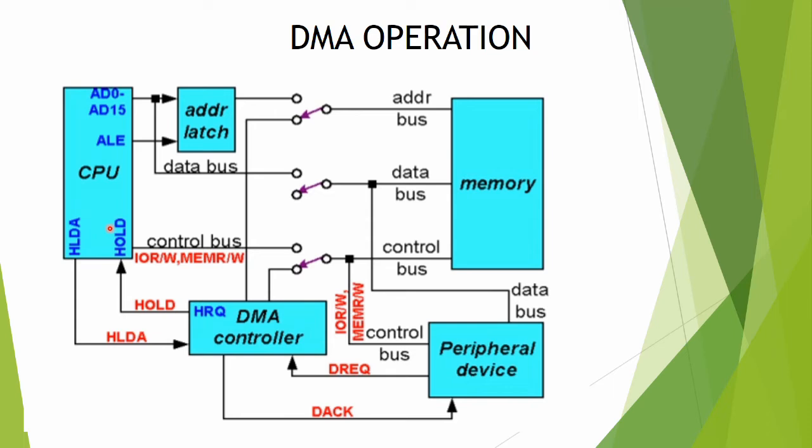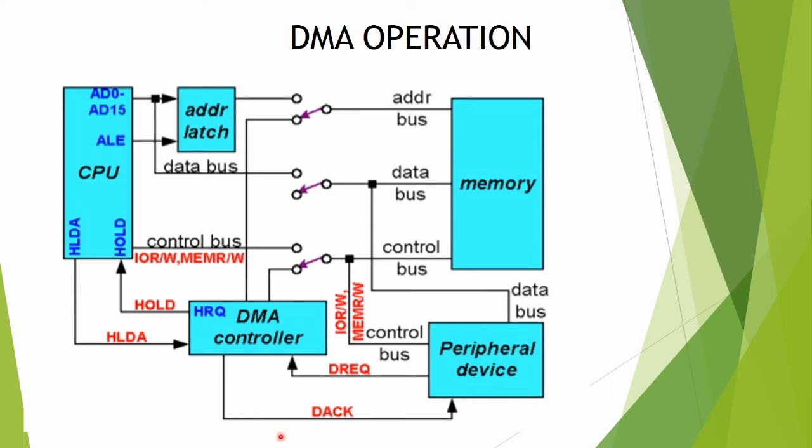The microprocessor, by completing its own instruction cycle, will acknowledge the hold request. So it will send the hold acknowledge signal to the DMA, and the DMA in turn will send the DMA acknowledge to the peripheral device.